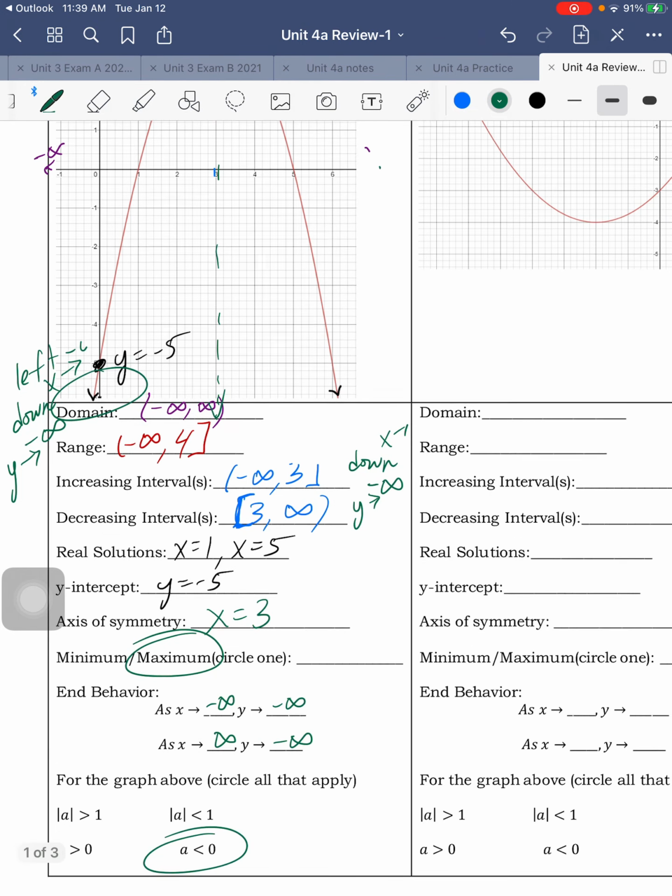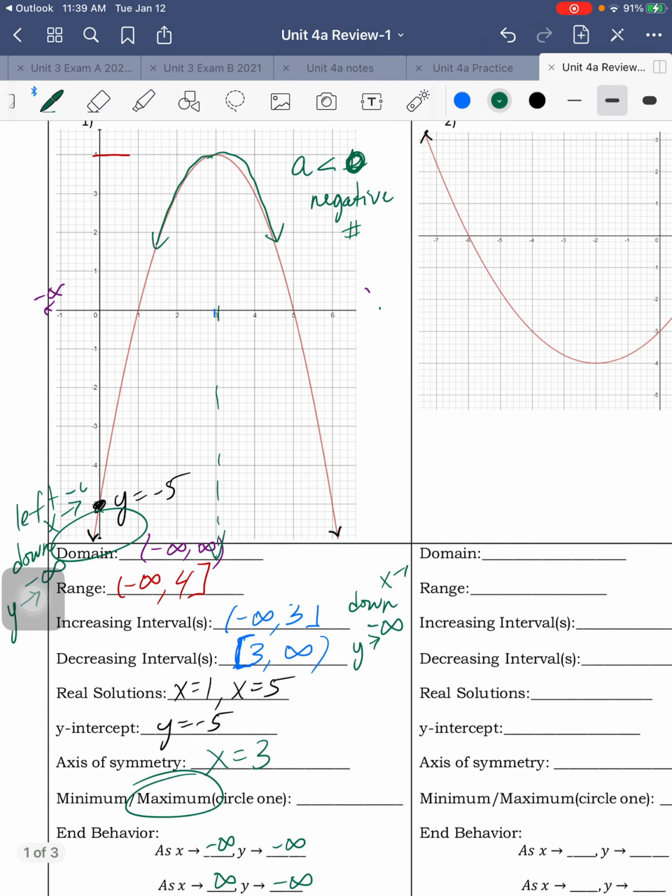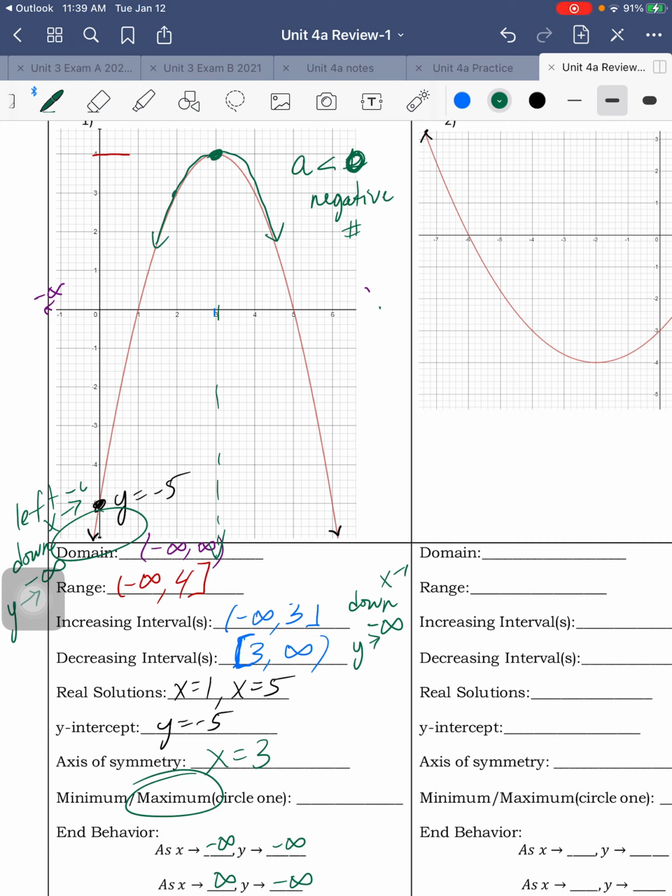And for the absolute value, to figure out the other points, look at your 3 main coordinates. If they are 1 down and 1 over, 1 down and 1 over, left and right, there's no different dilation or scale factor.